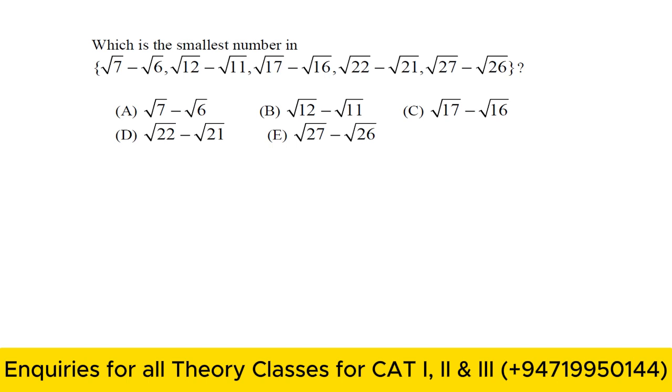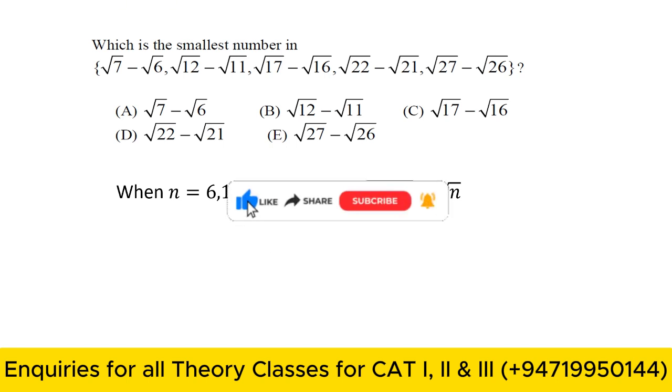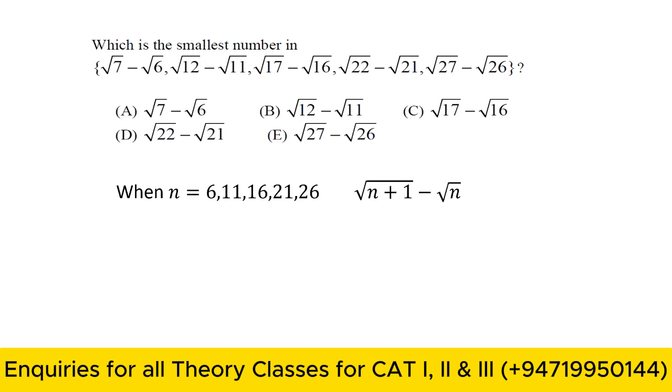First of all, I take a small formula for this. I can see here n equals 6, 11, 16, 21, 26. So I can write the common formula as root n plus 1 minus root n.